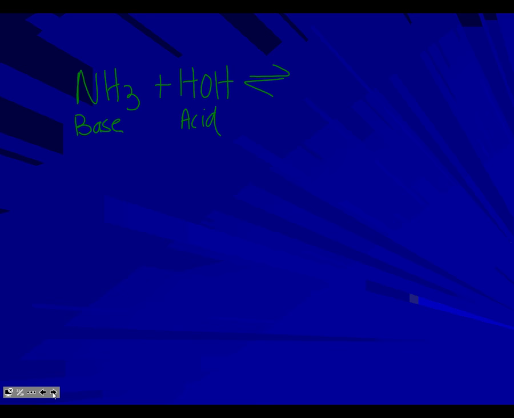That means the base ammonia is going to accept a proton from water, and water is going to donate that proton. Well, when ammonia gains a hydrogen, it becomes ammonium. And that leaves us with our water molecule. All that's left is our hydroxide. So even though ammonia doesn't have any hydroxide on it, it does increase the amount of hydroxide in our solution when it reacts with water.